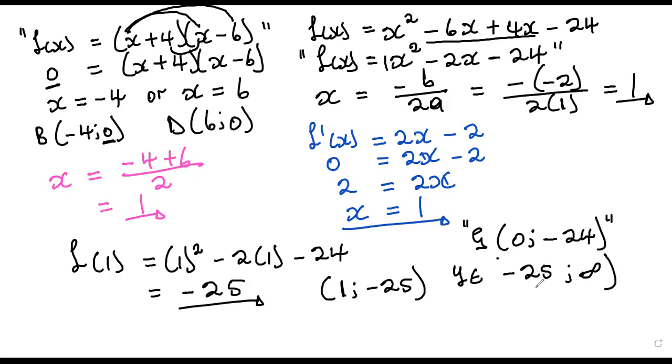But because it starts at negative 25, we need to include this negative 25. So you can say it like this, or you can say any y value that is greater or equal to negative 25 will make sure that this function is defined. So yes, these are the two different ways in which you can state your range.